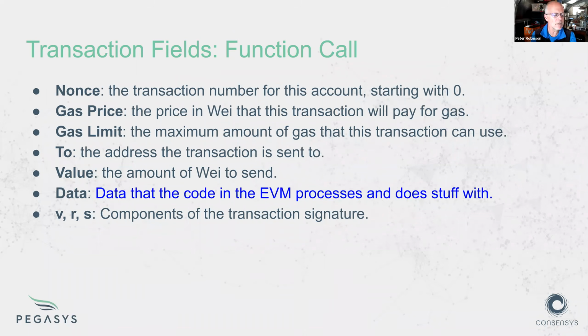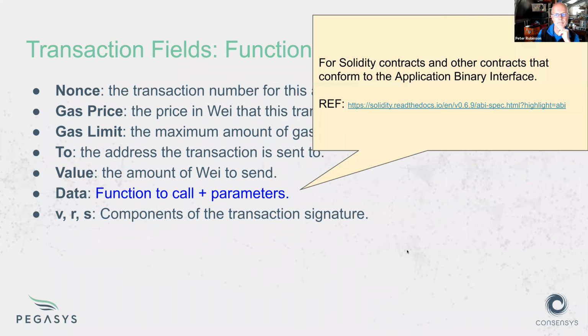However, EVM code does not have to conform to the ABI spec. It could do anything. And as such, that data field is just a blob of data that the EVM code can do stuff with. Yeah, and there's a link to the ABI spec.